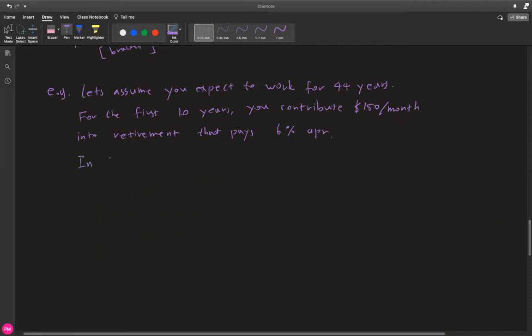So in 10 years, a major promotion, so you contribute $220, so $220, $225 per month to your retirement, for another 10 years.